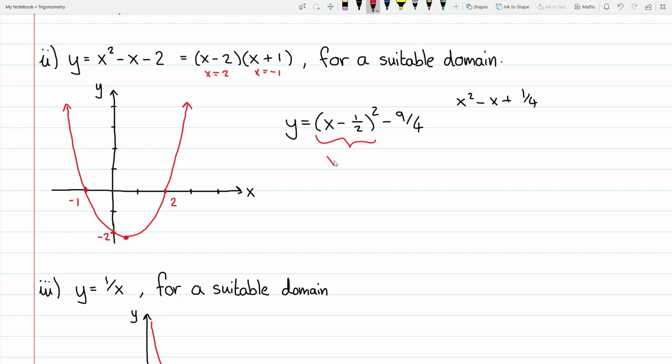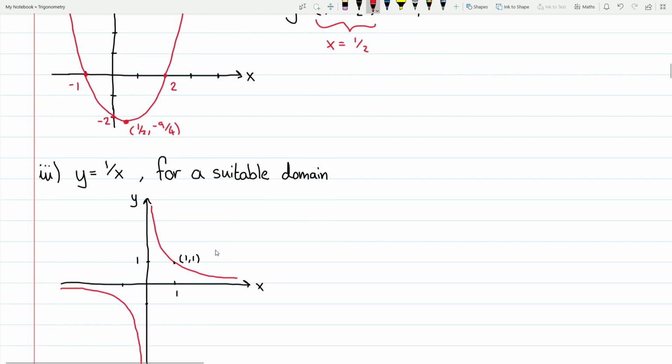And so this is equal to 0 at x equals 1/2. And so if this is always positive, then this thing is minimized when this is equal to 0, which of course would then leave you with just negative 9/4. So this value here is 1/2, and then negative 9/4, and this is our minimum point here.